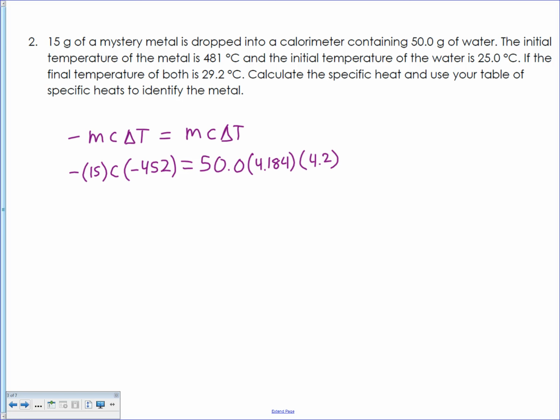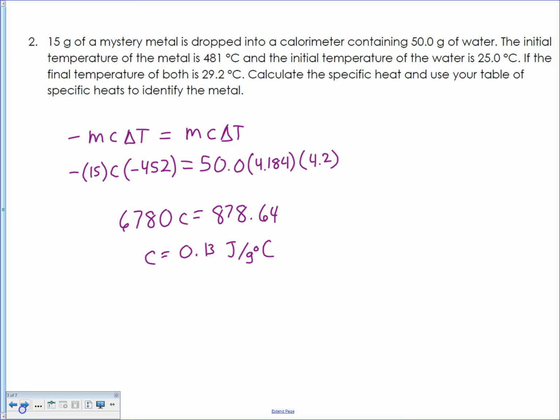We solve this, we get 6,780 C equals 878.64. Divide that out, we get C equals 0.13 joules per gram degree Celsius.